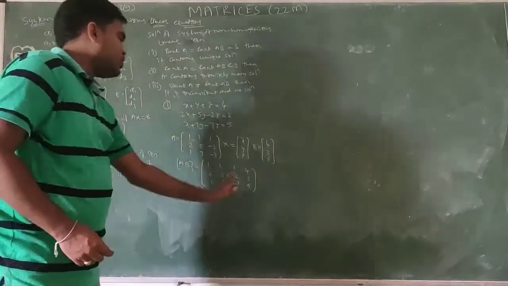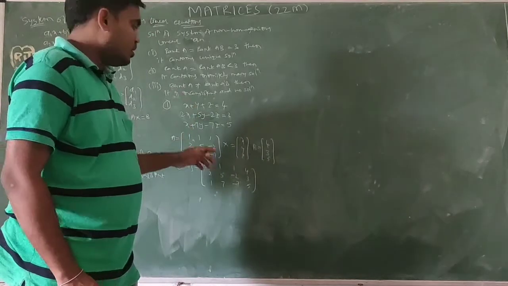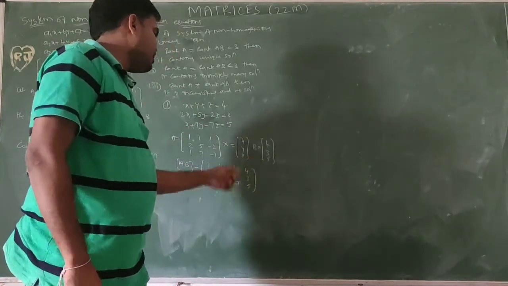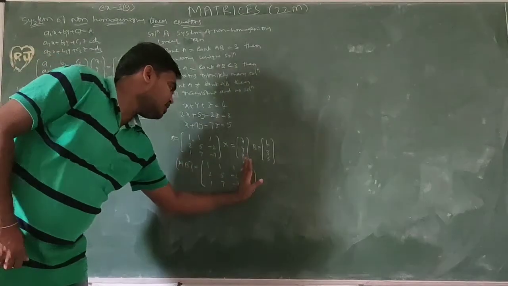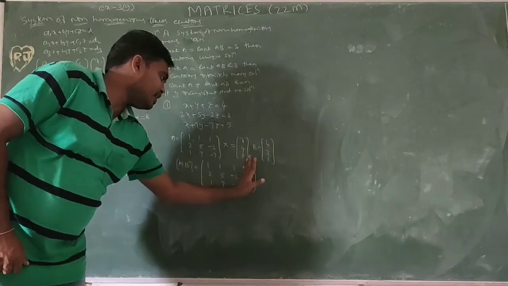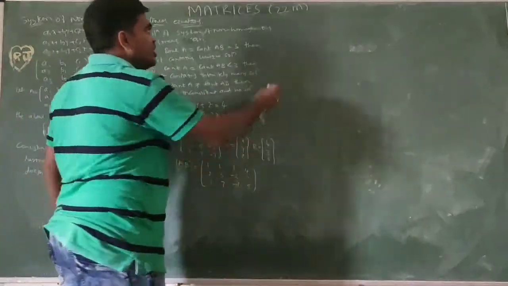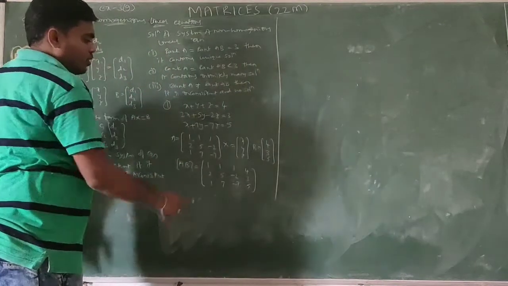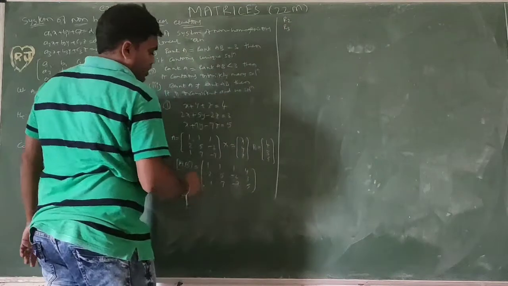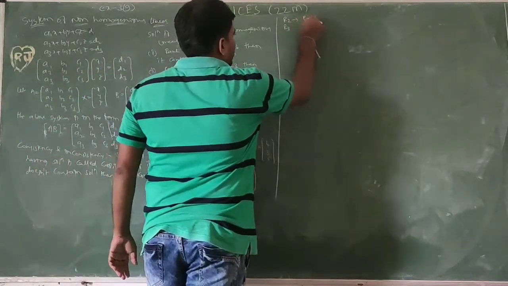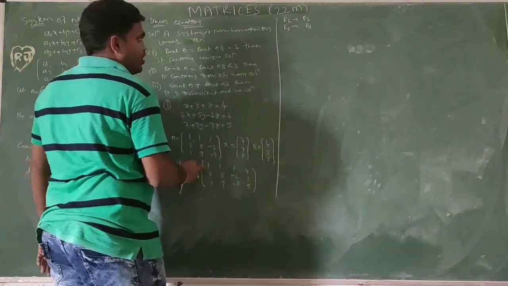Up to this one is A, and together this is AB. I want to convert it to an upper triangular matrix, so the elements below the diagonal, 2, 1 and 7, I want to convert to 0. 2 is in R2 and 1 is in R3. We are changing R2 and R3 with the help of R1.